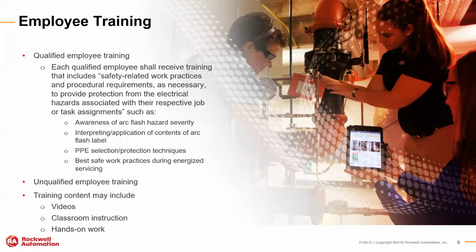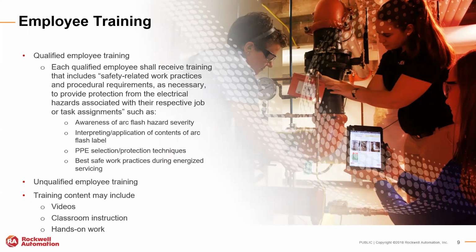So another key part of the program is employee training. The employee training includes qualified employee training. Qualified employees are those personnel who work on or in energized electrical equipment. Training should equip that personnel with the knowledge specific to their respective job or task assignments at the facility.